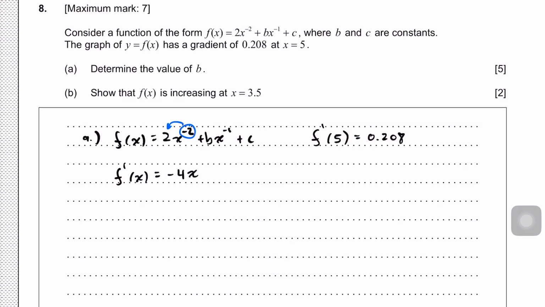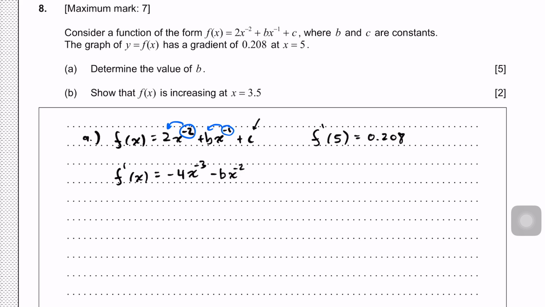Let's take 1 away from that. Now it's negative 3. And now let's do the same here. So we have negative 1 as our exponent. Multiply out in front. Now it's going to be negative 1 times b, so it's going to be negative b. x used to be raised to the negative 1. Take away 1 from that. Now it's negative 2. And then here we just have a c.